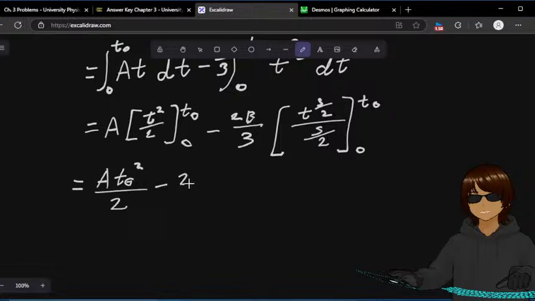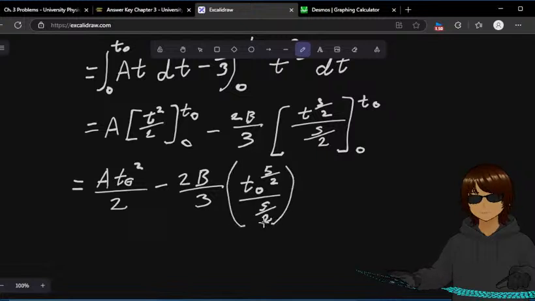This over here, we have 2b over 3 times t naught to the power of 5 over 2 over 5 over 2. But this can be rewritten as divided by 5 times 2.